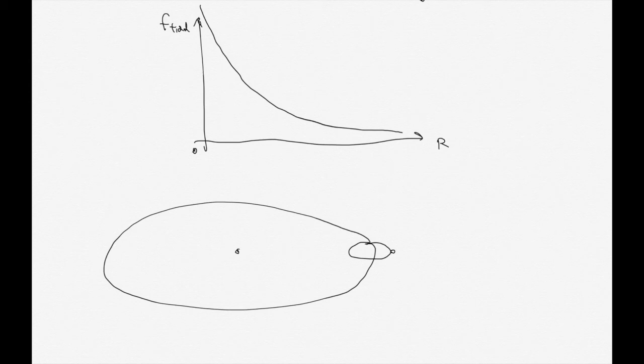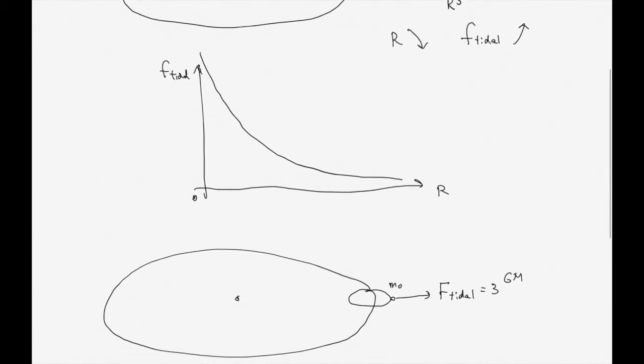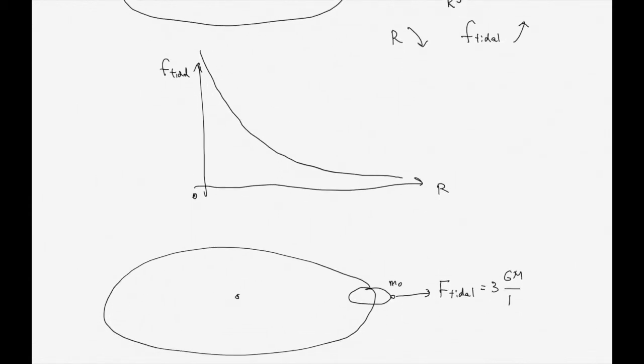Actually, two forces are acting. One of the forces is the tidal force. If you consider the mass of this small object m sub 0, F tidal becomes 3 times GM over R cubed, delta r times m sub 0.